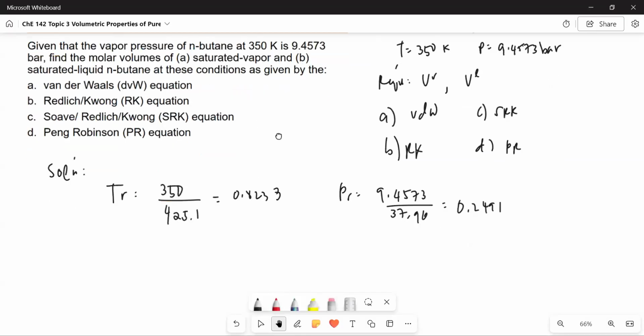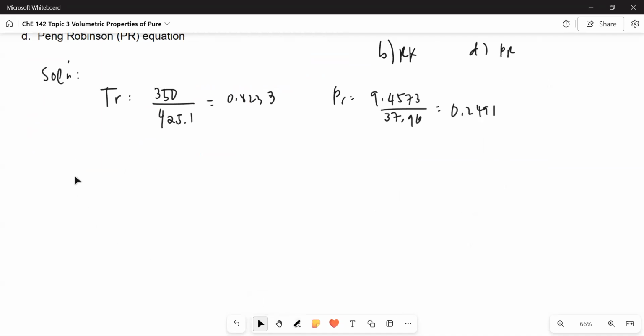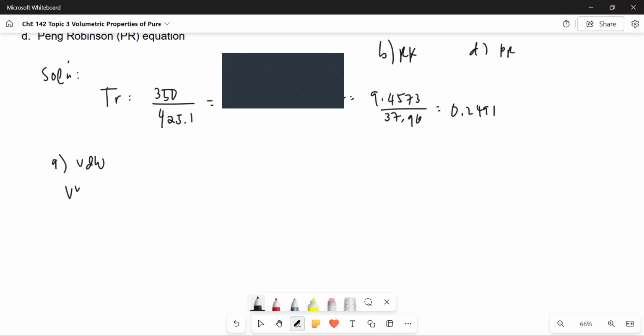Okay, so let's begin with the van der Waals equation. Van der Waals, vdW, the vapor-like. So what equation are we going to use? Let me just copy paste because the equation is very long. For vapor, we're going to use this. Hold on, please.